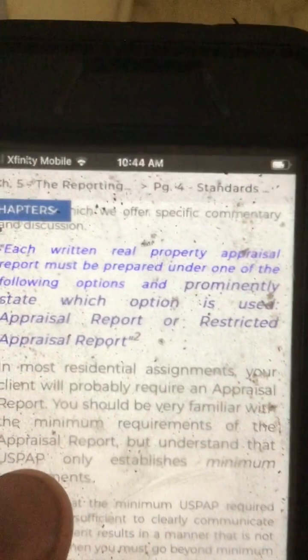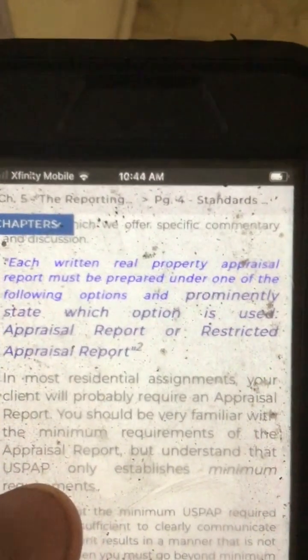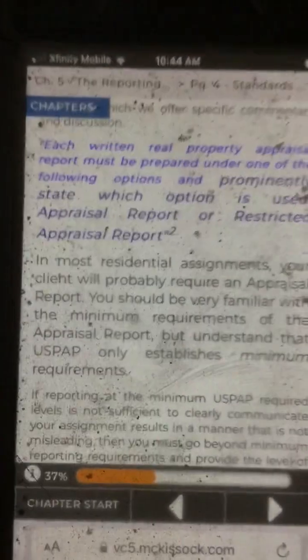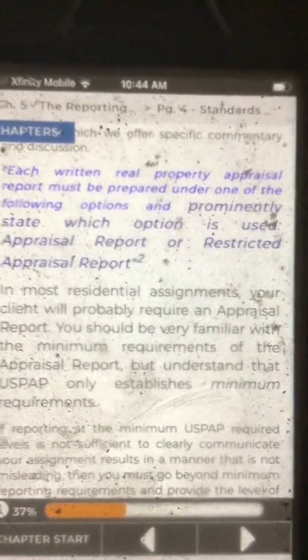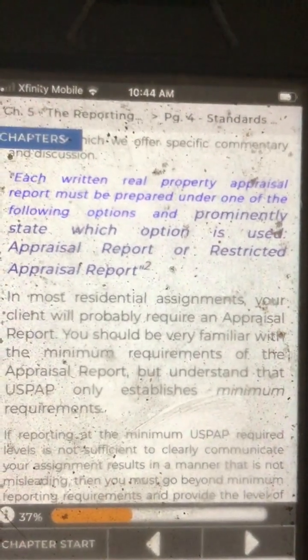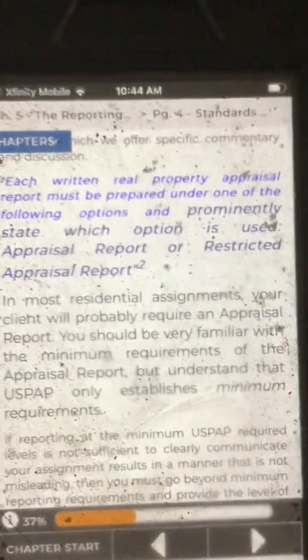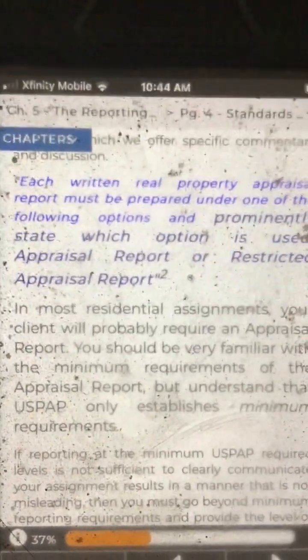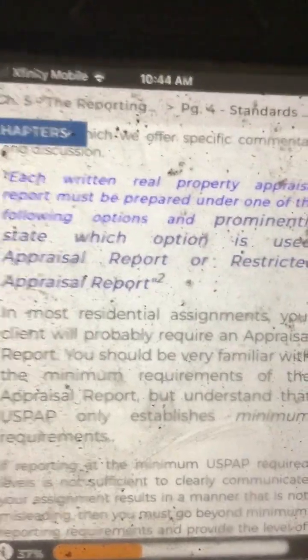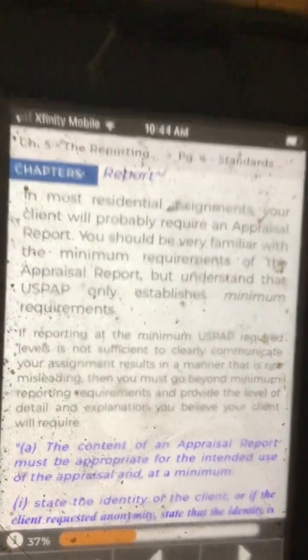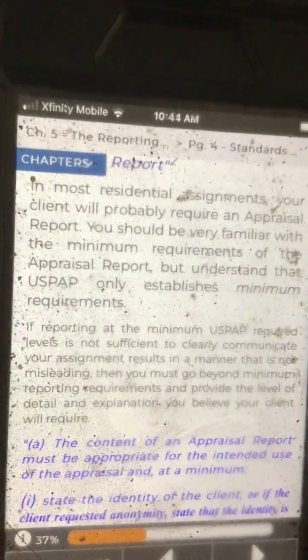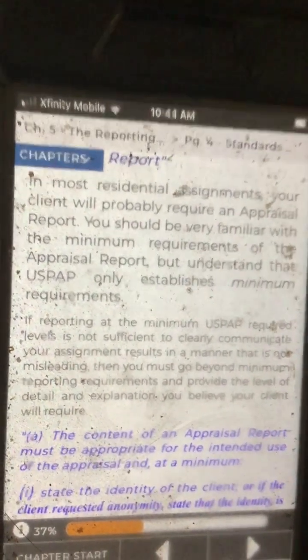Each written real property appraisal report must be prepared under one of the following options, and prominently state which option is used: appraisal report or restricted appraisal report. In most residential assignments, your client will probably require an appraisal report.